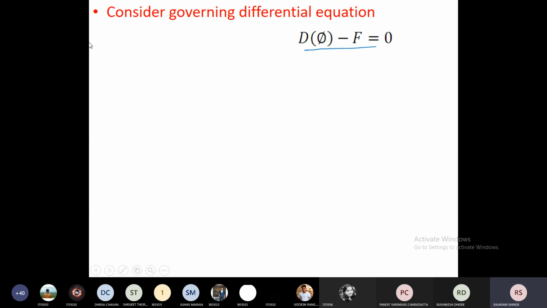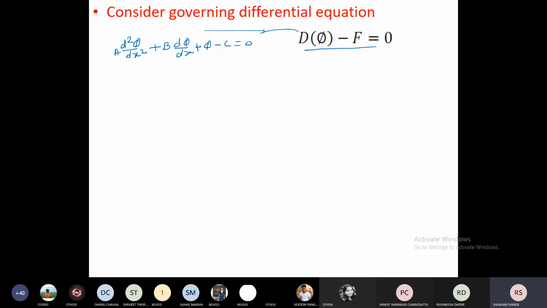D may be any order of differential equation, that is d2 phi by dx square. There may be constants also, or variables also. If it is non-linear, there will be variables. Suppose it is d2 phi by dx square plus p d phi by dx plus phi minus constant. In place of f I can take a constant also. Suppose c equal to 0, plus or minus, it depends upon the actual differential equation.